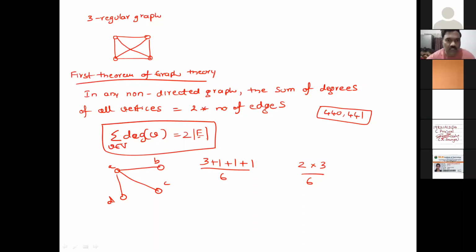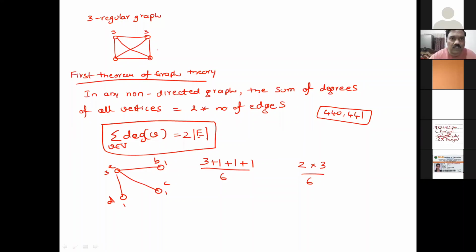Suppose here if we take it, what is the degree of A? 3, B is 1, C is 1, D is 1. So tell me how many vertices are there with odd degree? 4. Yeah. Now if you take this, what is the degree of this?